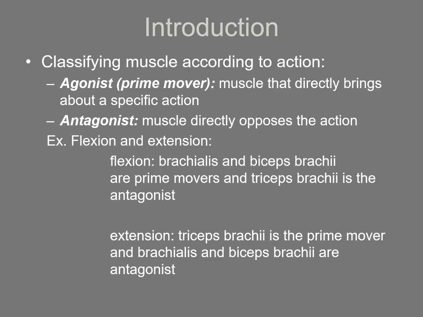With muscles, we often classify them according to the type of action, in terms of whether they are an agonist or prime mover versus an antagonist. In other words, when one muscle is contracting, a muscle opposite it has to relax to help make that smooth movement. You're thinking, well, if one's contracting and one's relaxing, that's opposing it.